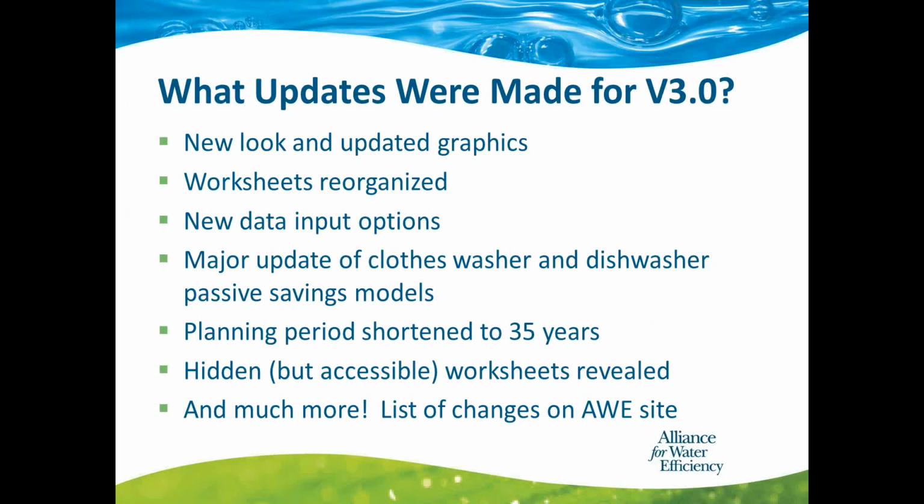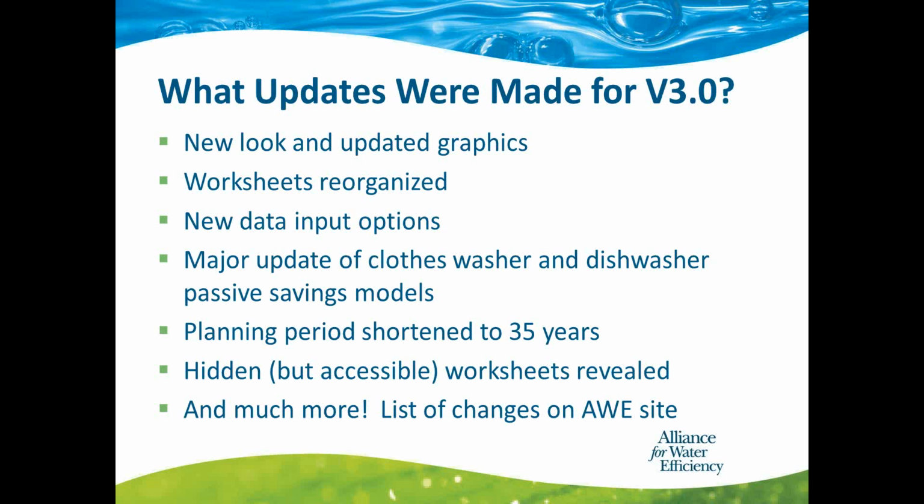So what updates did we make besides the new navigation screen? In addition to the new look, we also updated the graphics within the tracking tool. So there are additional charts, and the charts that were already existing in the tracking tool have been updated and modernized, if you will.